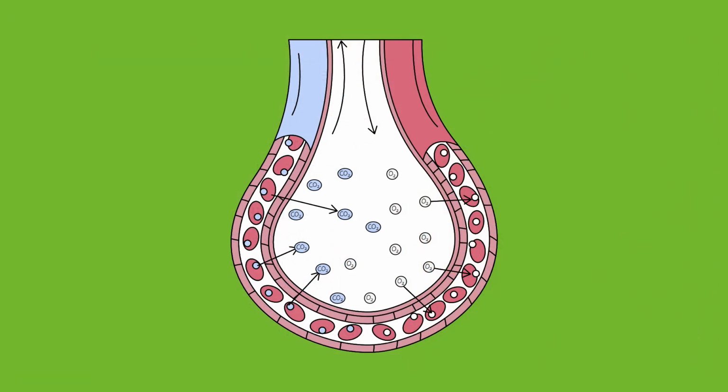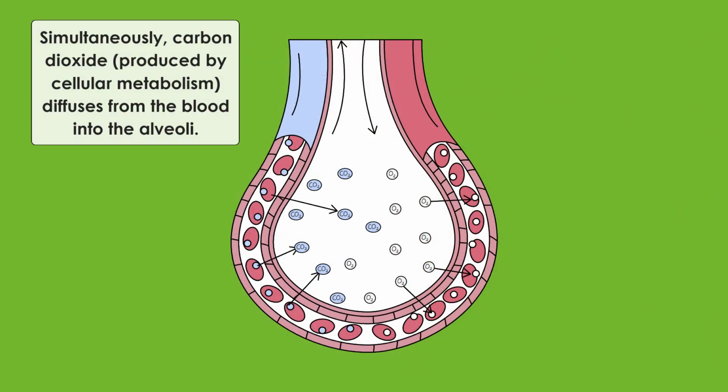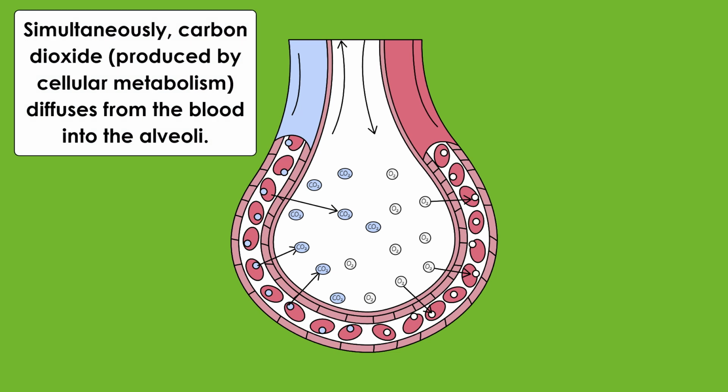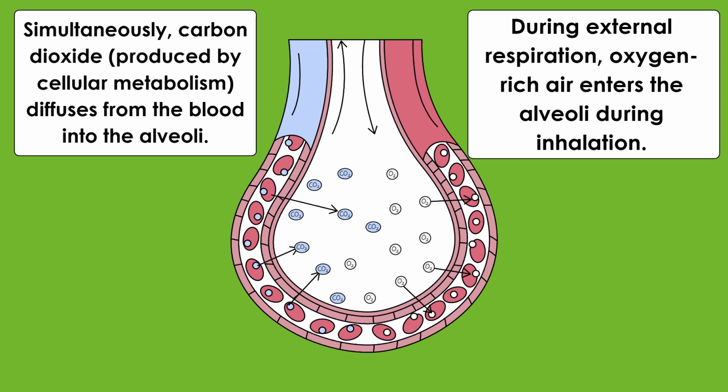Let's see how gas exchange happens. First, simultaneously, carbon dioxide produced by cellular metabolism diffuses from the blood into the alveoli. Second, during external respiration, oxygen-rich air enters the alveoli during inhalation.